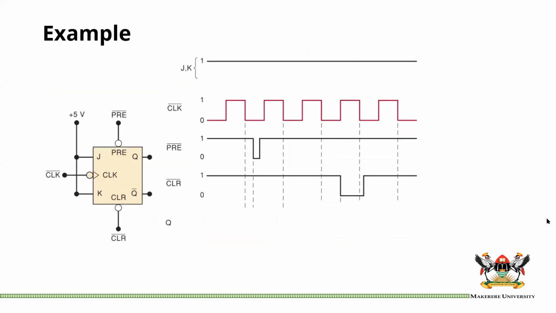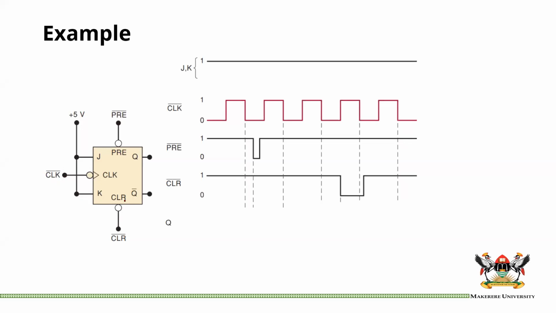So let us look at this example. Of course, there is an answer. I've just redacted it so that we can explain. Yes, this is actually the actual flip-flop symbol. It has your inputs, the synchronous inputs. It has a clock. It has these two asynchronous inputs, one for preset and one for clear, and your two outputs.